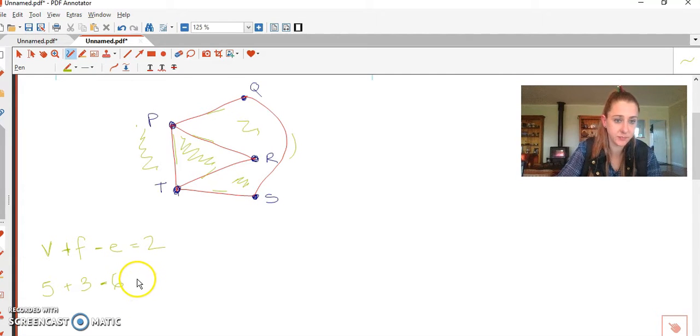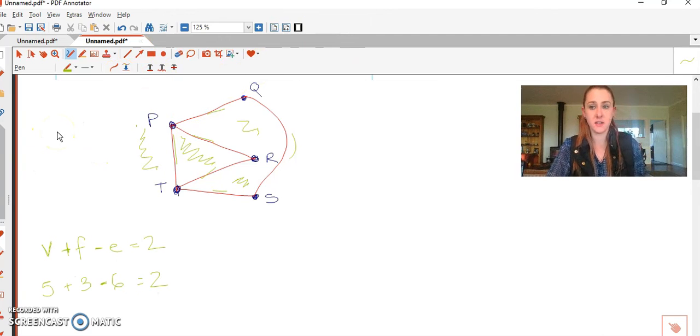Now, what does this give us? 5 plus 3 is equal to 8, minus 6. Look at that, equals 2. If this works and gives us the correct answer, it actually means that the graph can be drawn as a planar graph. So that's working with Euler's formula.